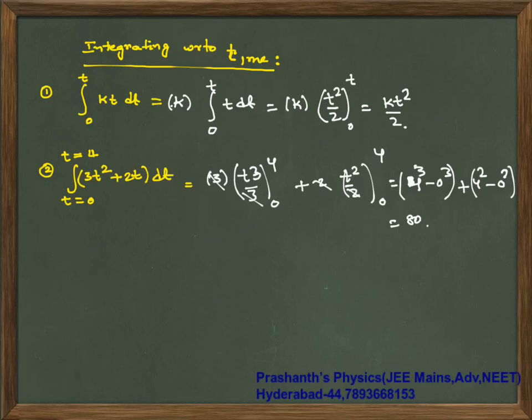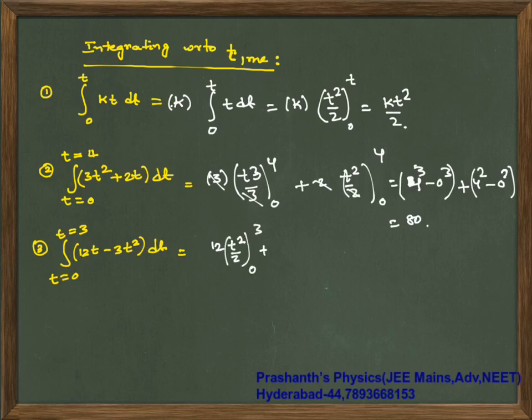Next is, if you have integral of 12t minus 3t square into dt from t equal to 0 to t equal to 3, then it is going to become 12 times t square by 2 is the integral value 0 to 3, because you have a minus, it is not plus, it is minus 3 times t cube by 3 from 0 to 3.